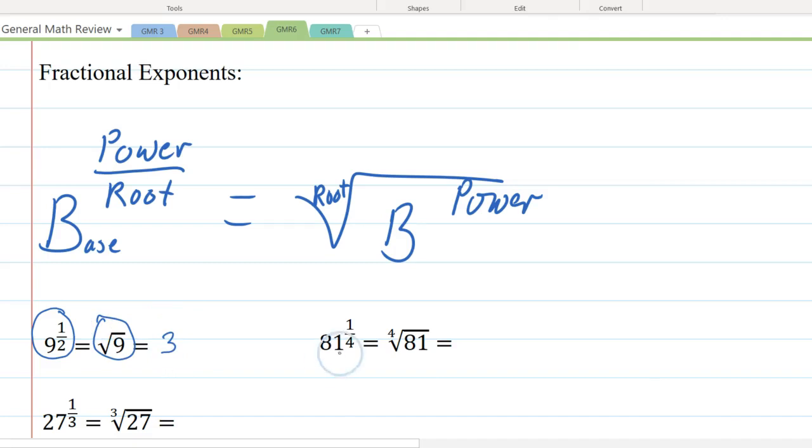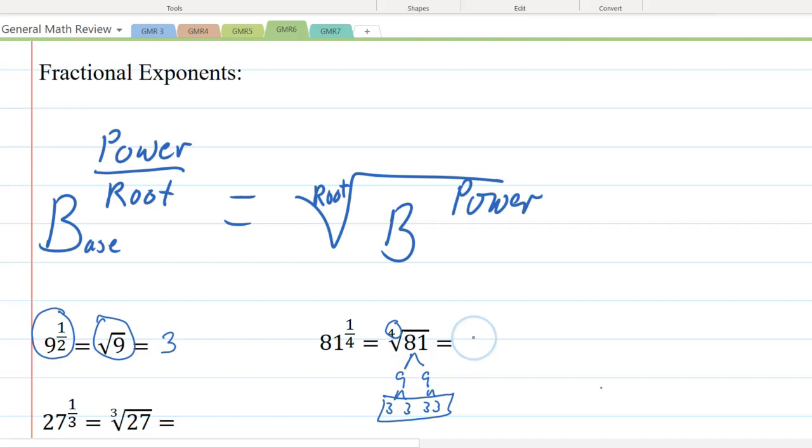If I have 81 to the 1/4 power, that means I have a fourth root. Remember, the 4 is the index, and that tells you how many times you need something out of it. Well, I know 81 breaks into 9 times 9, and 9 breaks into a set of 3's. I need 4 of the same number, and luckily I have 4 3's.